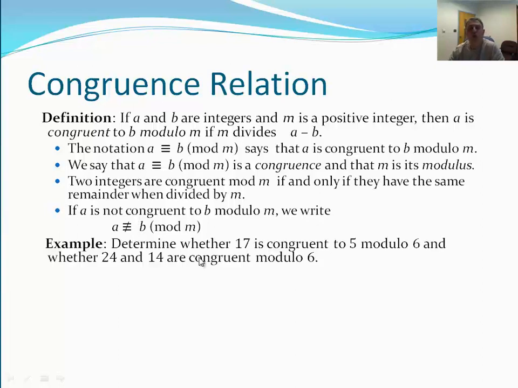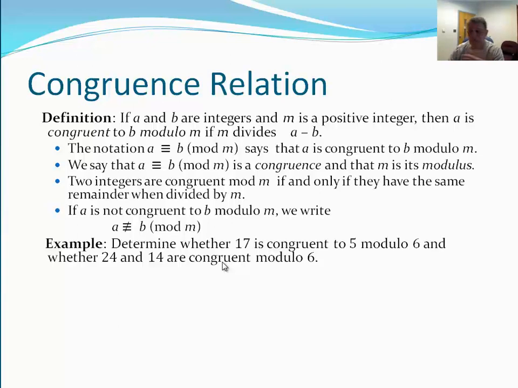How do we know if two numbers divided by a certain integer create the same remainder? If those two numbers subtracted from each other are divisible by m.